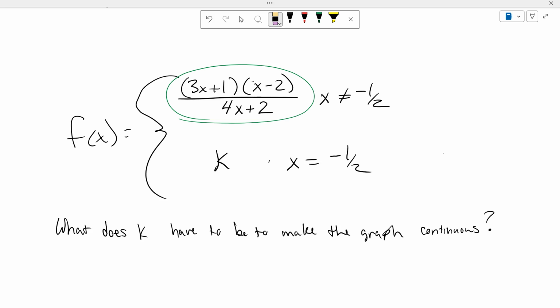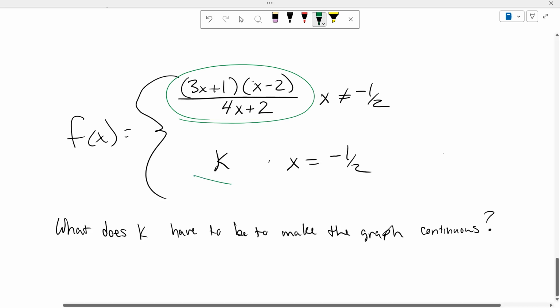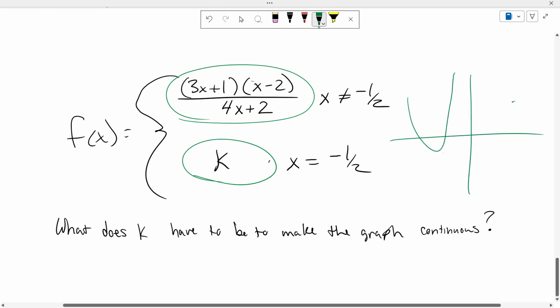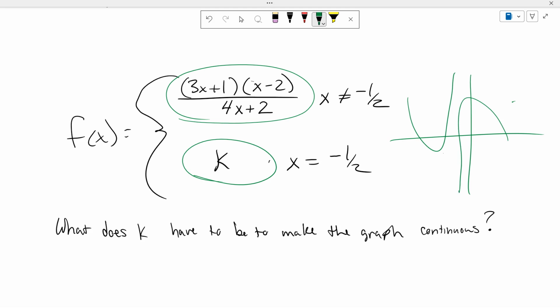So looking at this graph, it makes some asymptotes at negative 1/2. So what would k have to be to make that continuous? Well, since one graph goes like this, the other graph goes like this, they're going opposite places. Is there any k I can put in there to make it continuous?